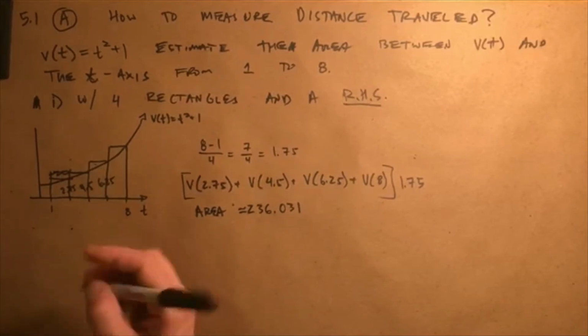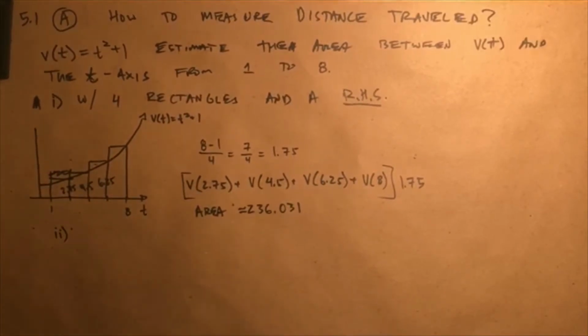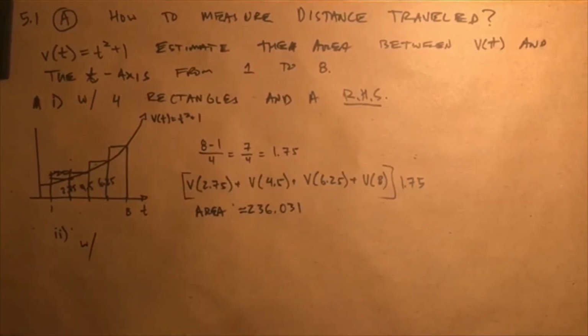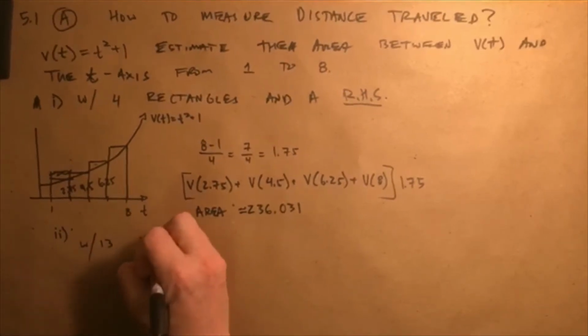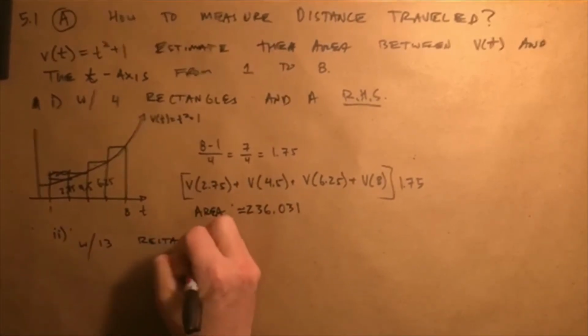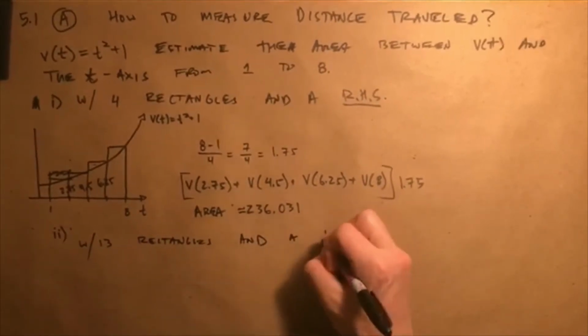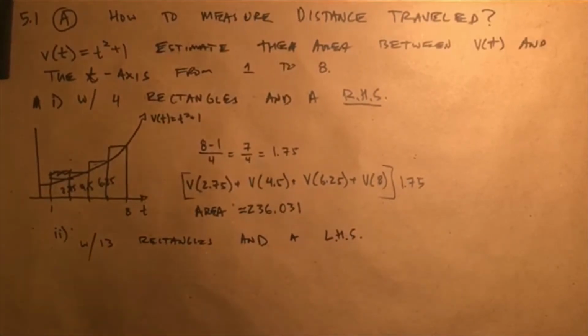So now let's do this again. And how about let's use 13 rectangles. And a left-hand sum. Now, I know what you're thinking. You're like, 13, oh my God, that's terrible.